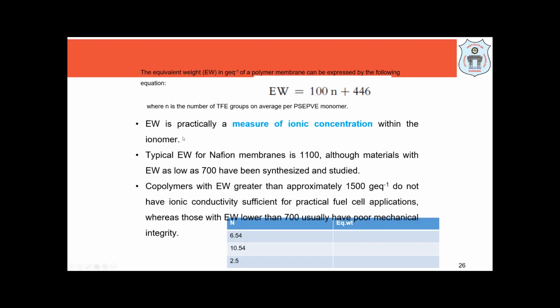Typically, the equivalent weight for Nafion membrane is around 1100, although materials with equivalent weight as low as 700 have been synthesized and are being studied. Copolymers with equivalent weight of greater than approximately 1500 do not have ionic conductivity sufficient for practical fuel cell applications, whereas equivalent weight lower than 700 usually have poor mechanical integrity.